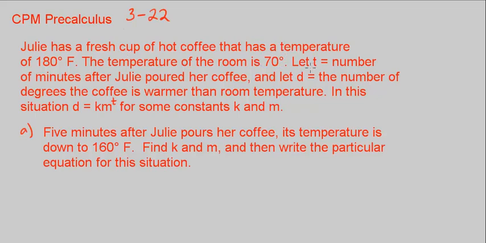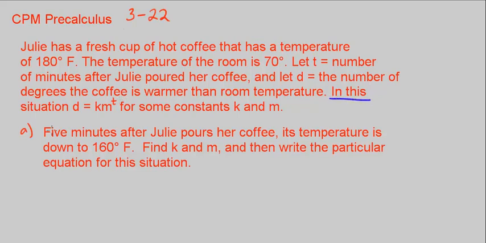Okay? So T is then going to be the number of minutes after Julie pours her coffee. T is just time in minutes of how long it's been since she poured her coffee. D is going to be the number of degrees the coffee is warmer than the room temperature. So D is just how much hotter compared to the room the coffee is.